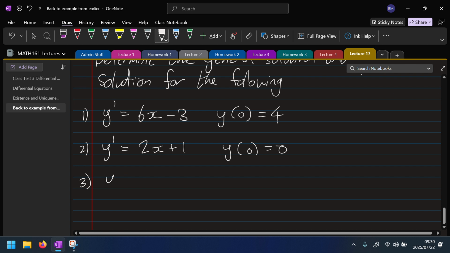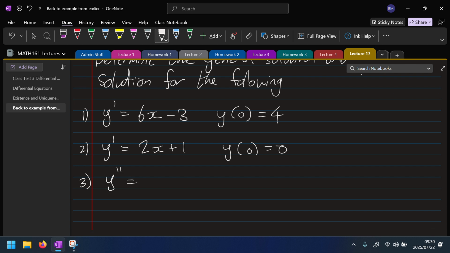Number 3, y double prime, so second order, is equal to 4x. And since it's second order, we need 2 initial conditions or 2 boundary values. Here it will be y of 0 is 5, y prime of 0 is 1. So what type of condition is that?